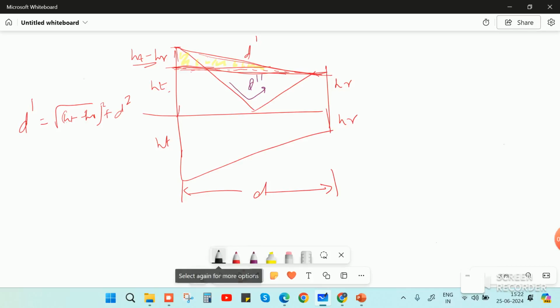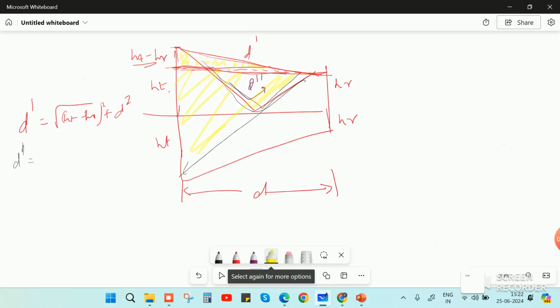And what about d double dash? When you are taking the mirror, this distance is equal to this distance. Now which triangle can I take? I can take this triangle. What is this total height?